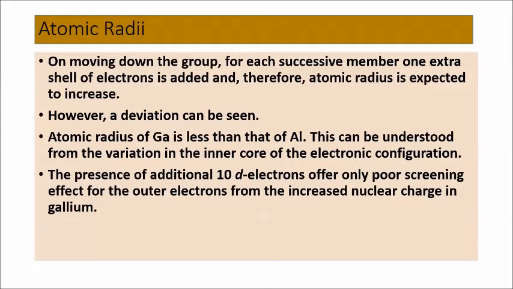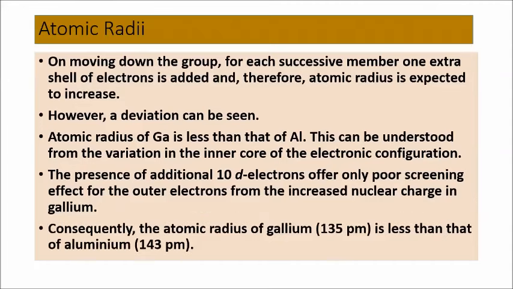The presence of additional 10 d electrons offers only a poor shielding effect for the outer electrons from the increased nuclear charge in gallium. Consequently, the atomic radius of gallium, which is 135 picometer, is less than that of aluminium, which is 143 picometer.